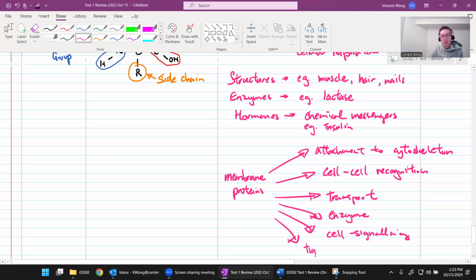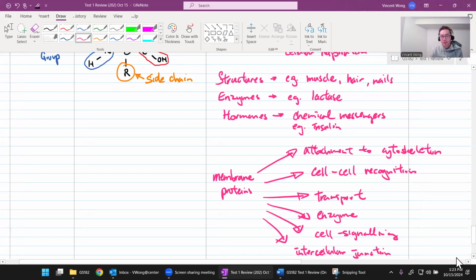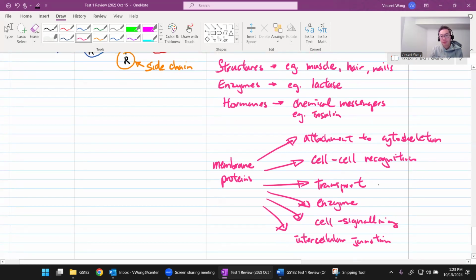And also, besides cell signaling, there's one more: tight junctions. Intercellular junction, I think that's what it was called. You want to staple cells together so things are not going to leak between them. So these are all functions of proteins. Okay.